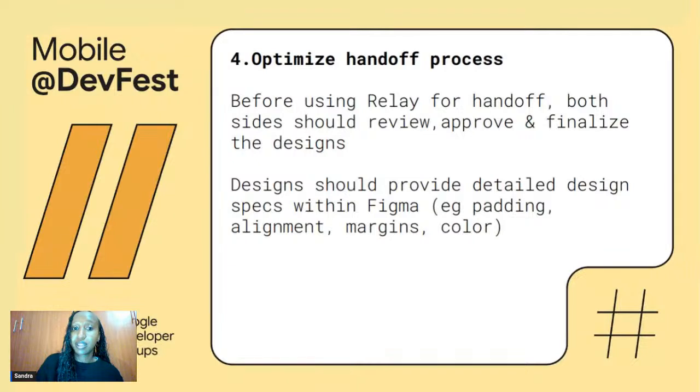Also, designers should provide detailed design specs within Figma, like padding, alignment, margins, color. We've added the color, but there's so much more that you can do apart from that. You can also add the shadows. You can literally do anything, but you can't do everything. Yes, it's still in alpha, just as I've said, so we can be limited in a way.